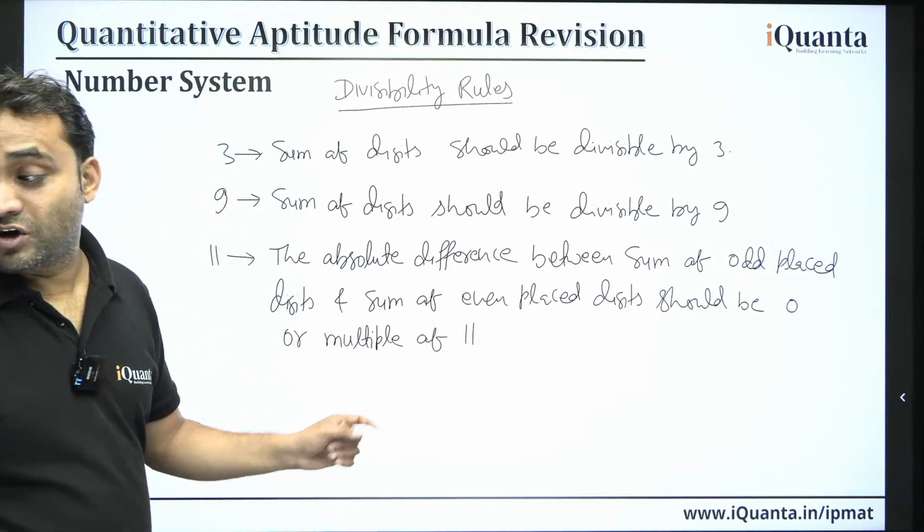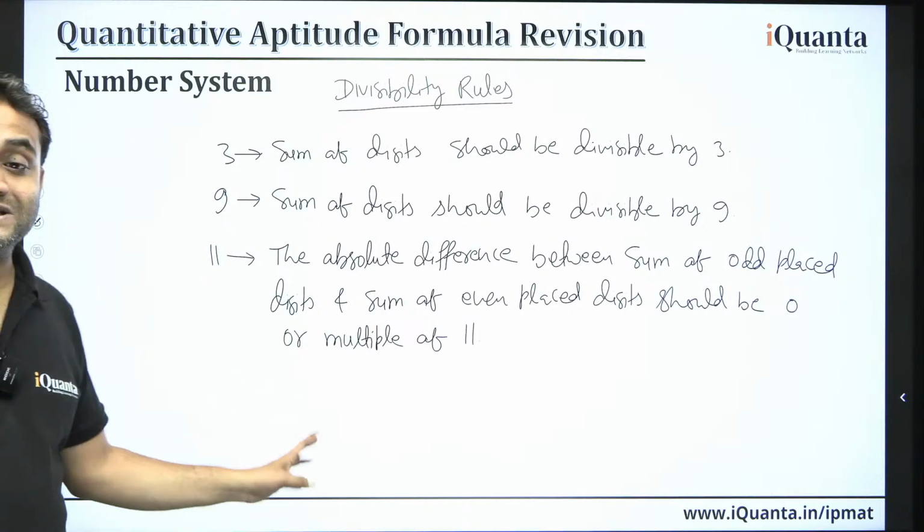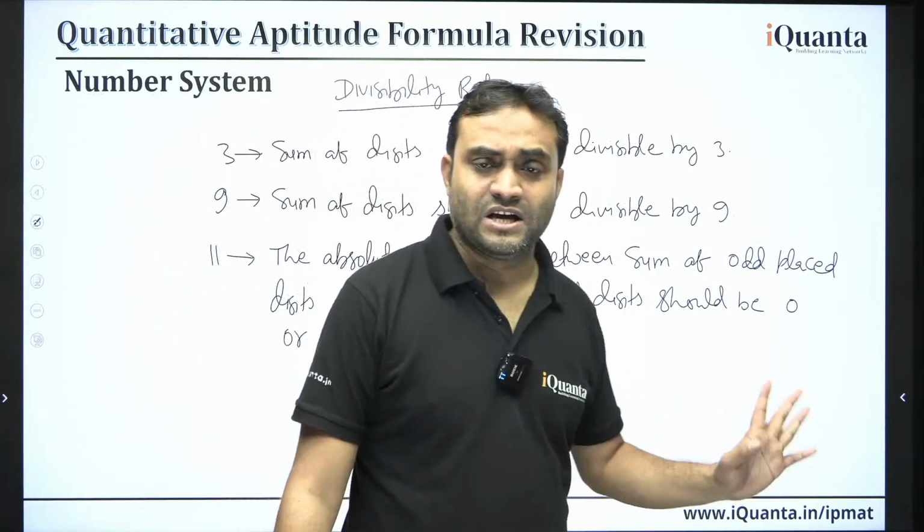This is the divisibility rule of 11. Now, it does not matter how long the number is, you can always check the divisibility by 11 very easily using this concept.